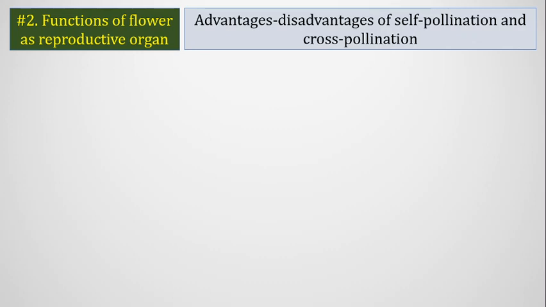And when an anther from one plant pollinates another flower of another plant, this pollination is called cross-pollination. So now we will discuss the advantages and disadvantages.